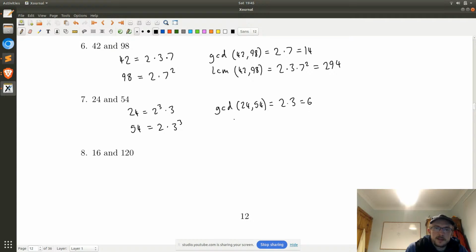Which is 6. And for the LCM of 24 and 54, that would be 2 cubed times 3 cubed, which is the same as 8 times 27, which is 4 times 54, which is 216. But we also notice that it's the cube of 6.